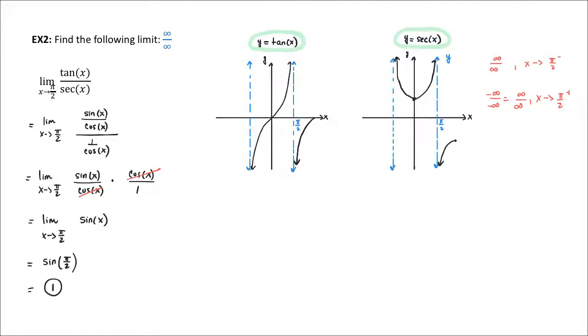So this original limit that was full of infinities and negative infinities as x approaches pi over 2, through simplification, this expression simplified to sine. So what we know is that around pi over 2, tangent over secant is exactly sine. And sine has a limit at pi over 2. So 1 ended up being the limit of the original function as well.